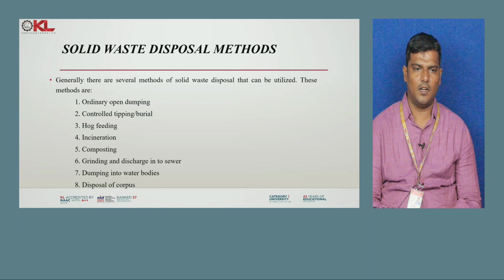Next is hog feeding. Next is incineration, that is nothing but burning in the presence of oxygen. Next is composting. As I said, whenever we go for open dumping, whatever reusable material is present can be used as compost in agriculture.